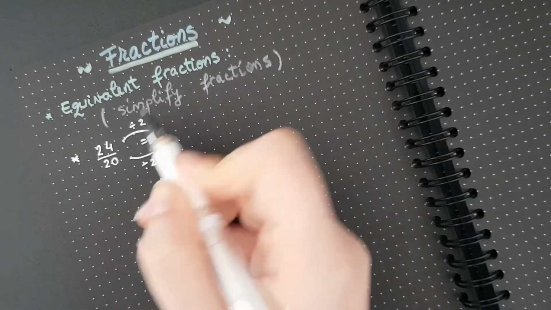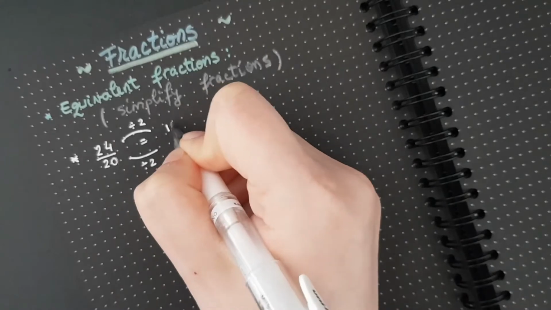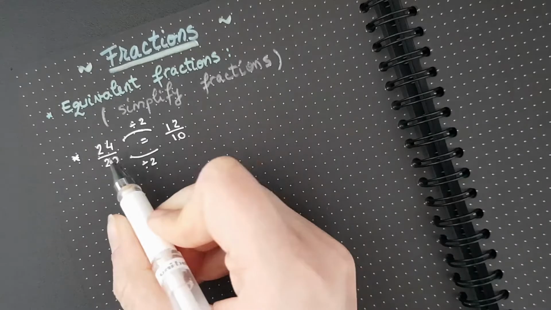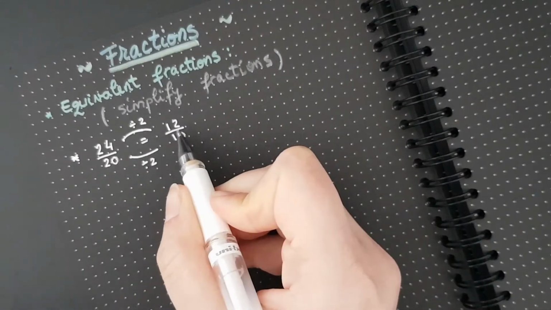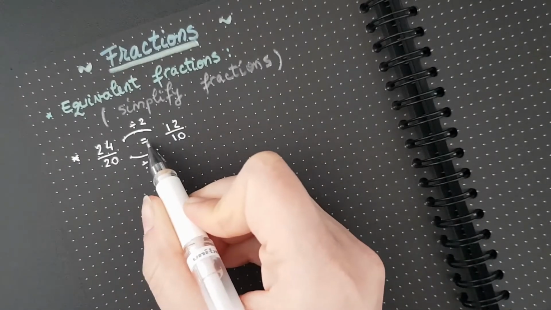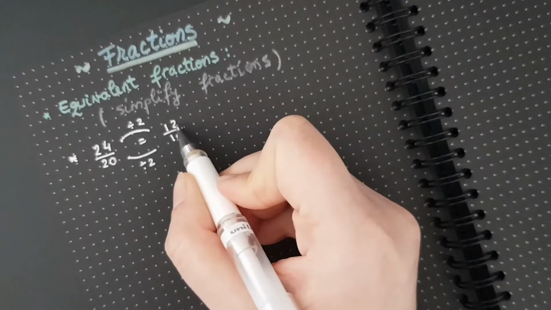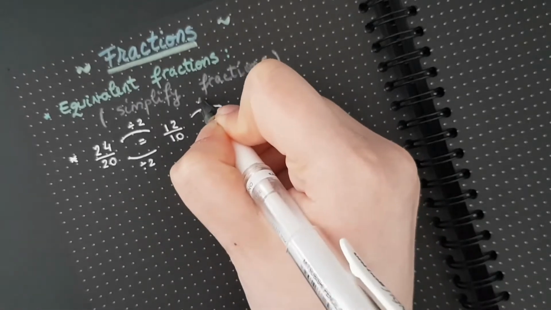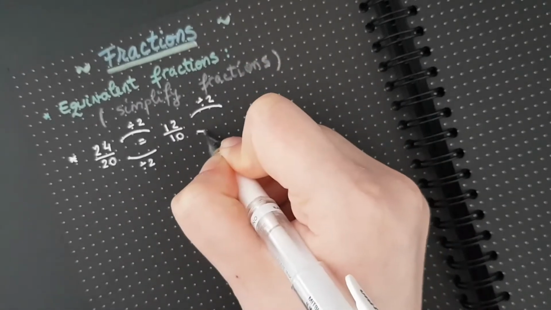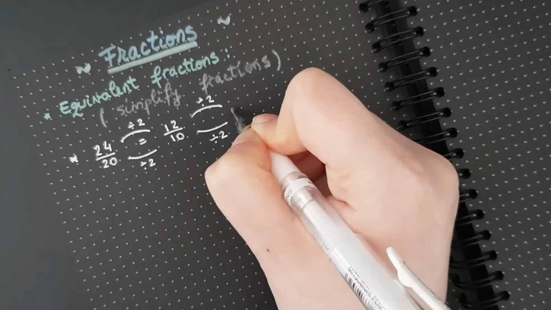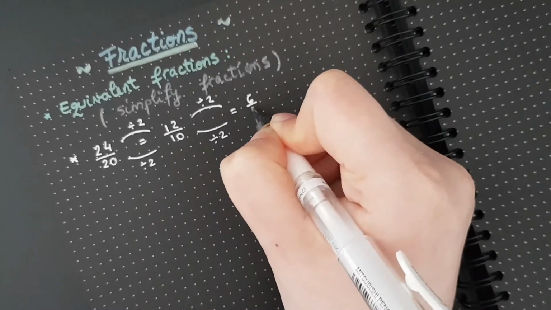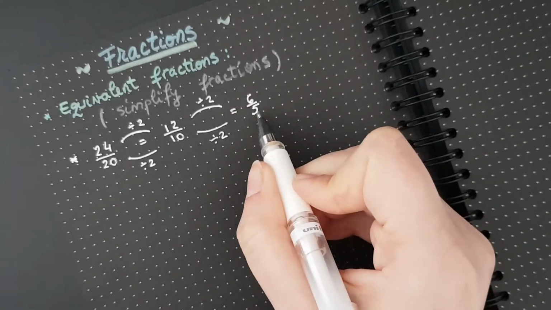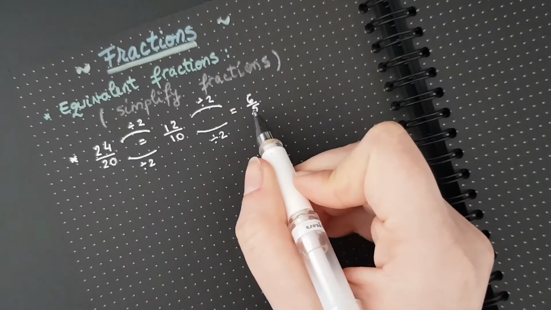So I've got 24 divided by 2, that is 12, over 20 divided by 2, that's 10. These two fractions are equivalent. They're actually the same. Now, I've got 12 and 10. You can still divide by 2 because they're both even. And we go to 6 and 5. And now, 6 and 5, I can't actually divide them by anything.